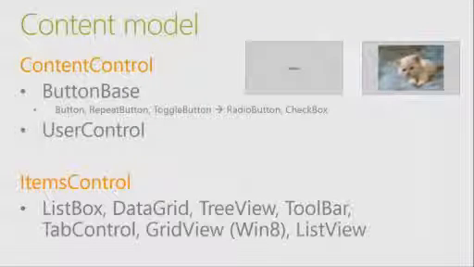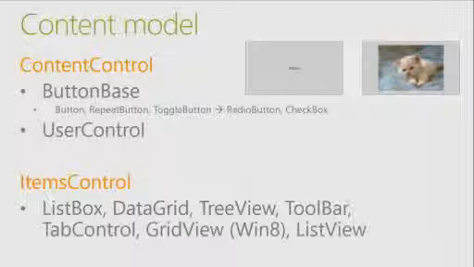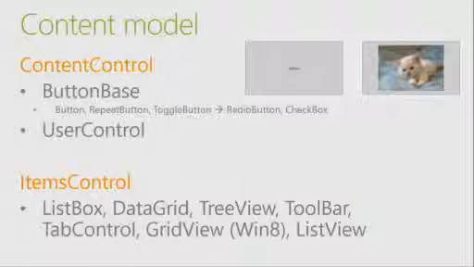Now, items control is another one which is very clever in all XAML-based frameworks, because it's basically a list of things that you represent. And it has common properties such as item source, where the items come from, such as the item template, how they look, etc. And all those elements, listbox, data grid, tree view, toolbar, tab control, grid view in Windows 8, the list view, are all actually deriving from items control.